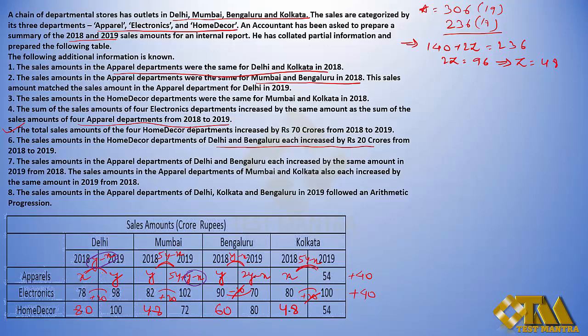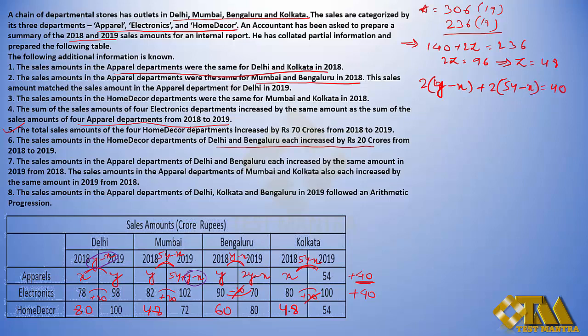You can identify that Delhi and Bangalore, they are increased by same amount. Mumbai and Kolkata, they are increased by same amount, and the overall increment is supposed to be nothing but 40, right? So if we add these values, that's twice of y minus x plus twice of 54 minus x.